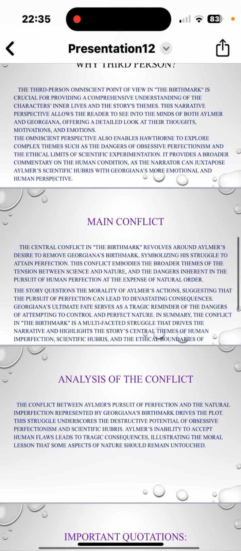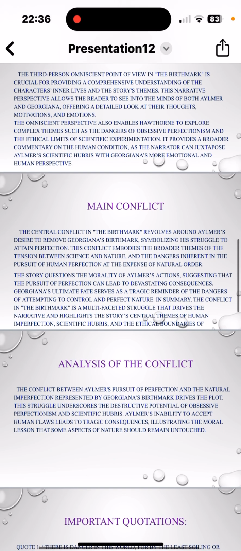We have the main conflict. Aylmer's struggle to remove Georgiana's birthmark is one of the main conflicts between science and nature, which represents the quest for perfection versus acceptance of human imperfection.